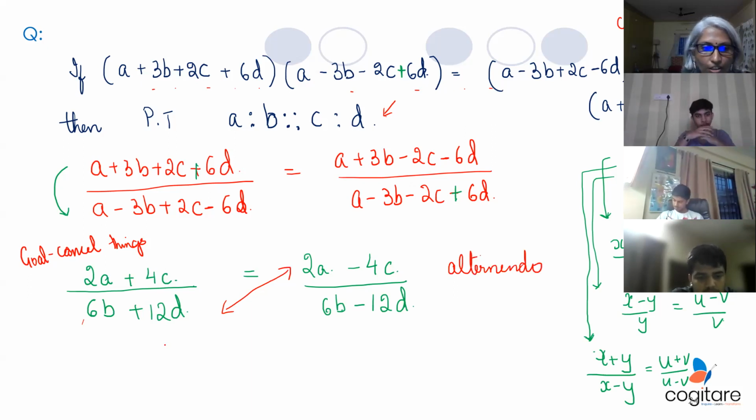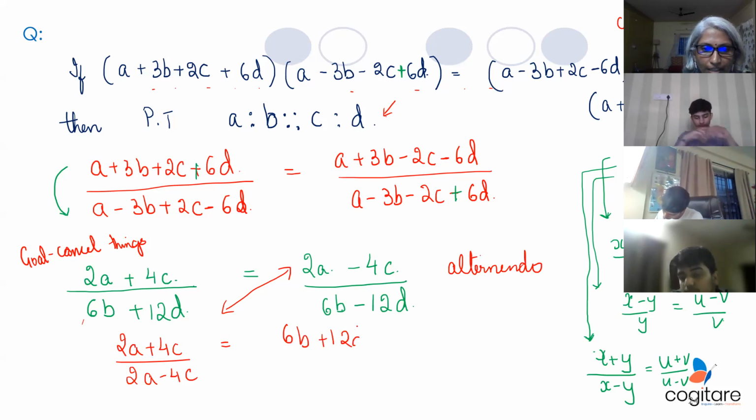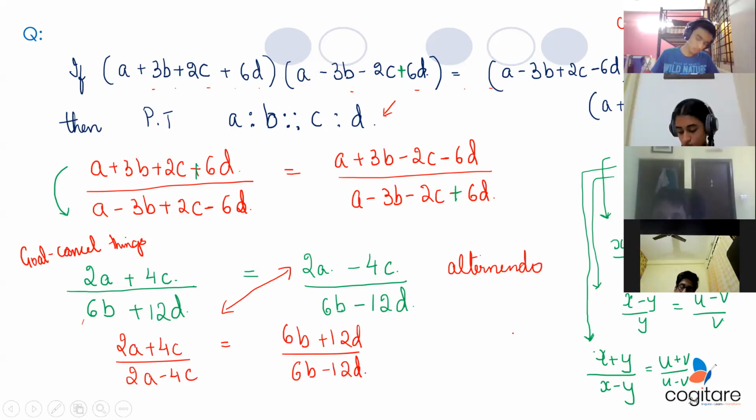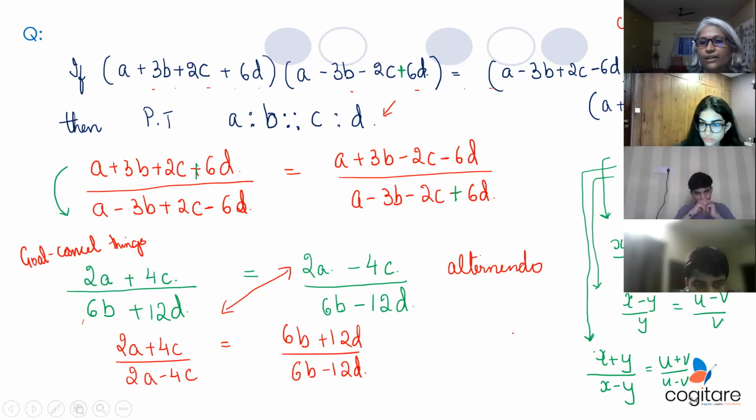What happens in alternando? 2a plus 4c upon 2a minus 4c becomes 6b plus 12d upon 6b minus 12d. Okay with this? Yes, ma'am. Now, Siona, tell me what you can do.